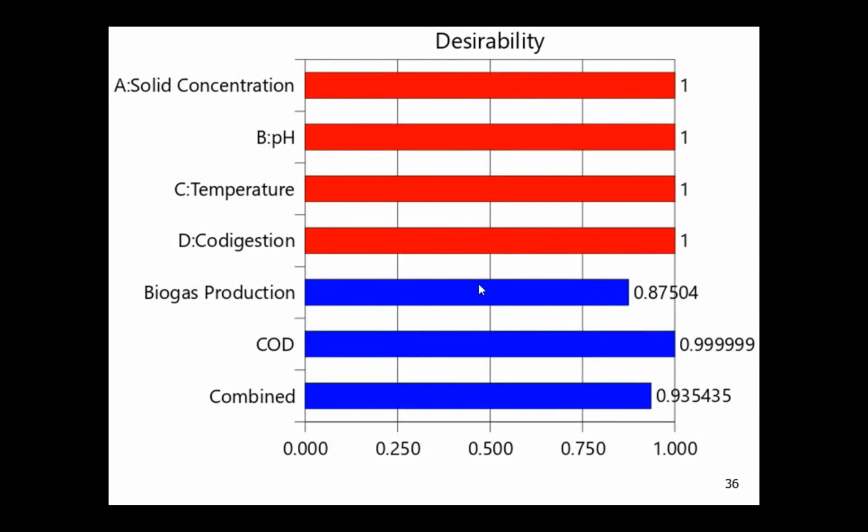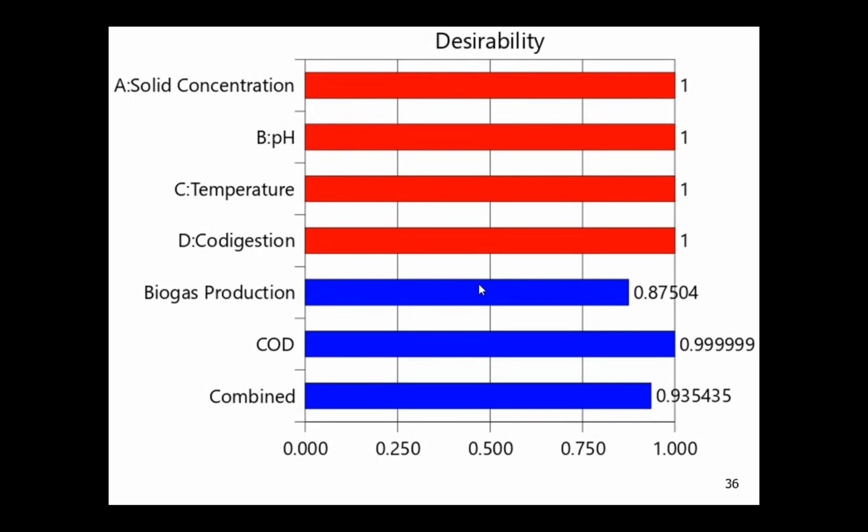So this is the desirability plot. The input desirability values are normally taken as 1. The red are the inputs and the blue are the outputs. The desirability values for input conditions are normally taken as 1, whereas for output, the desired desirability is 1.